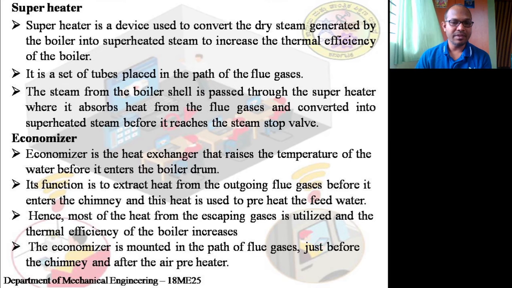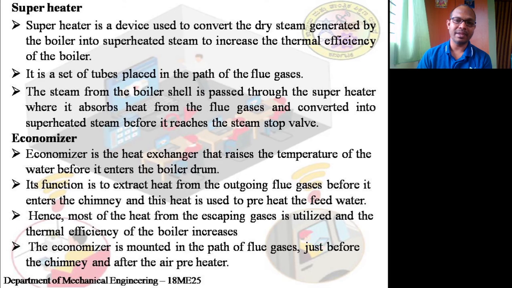Its function is to extract the heat from the outgoing flue gases before they enter the chimney, and this heat is used to preheat the feed water. Hence, most of the heat from the escaping gases is utilized. It is something like waste heat recovery. Now, it is too early for you to talk about waste heat recovery, so let me not dig into that.